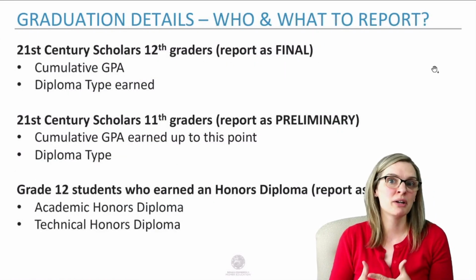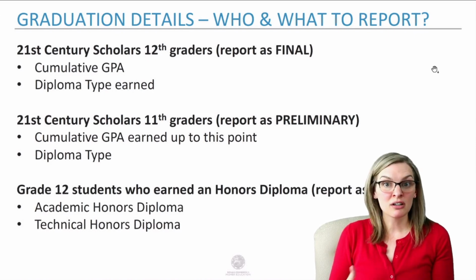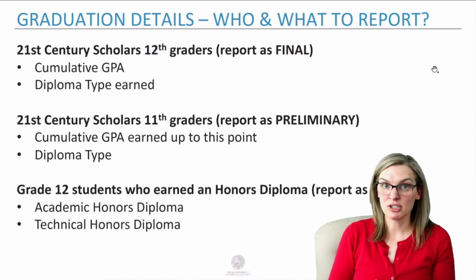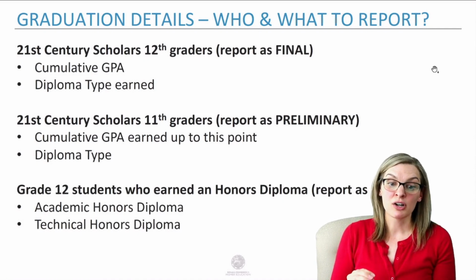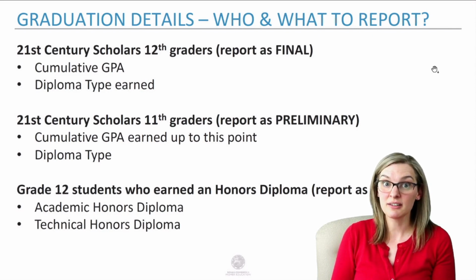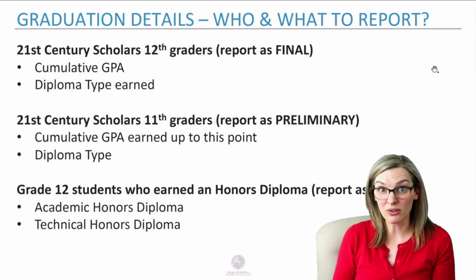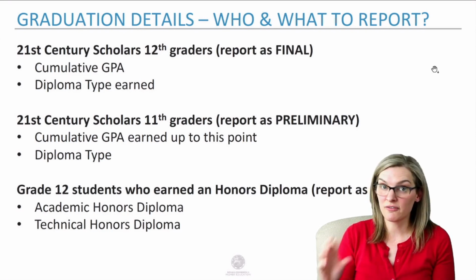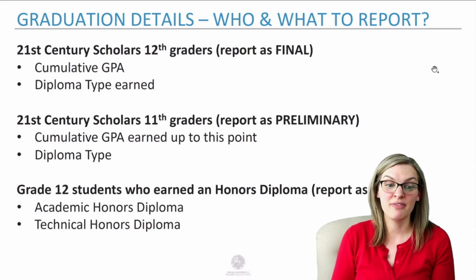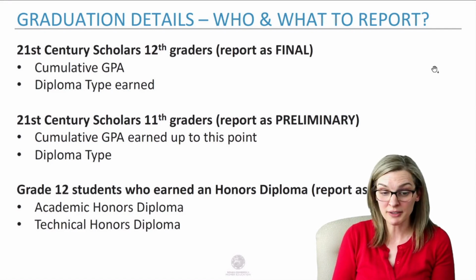So who and what do we need reported to us? Each year in May or June, it's up to you when you'd like to do this reporting, but essentially we need our 12th grade 21st Century Scholars reported to us. You will mark them as final. We need their cumulative GPA on their final high school diploma, and then their diploma type earned.